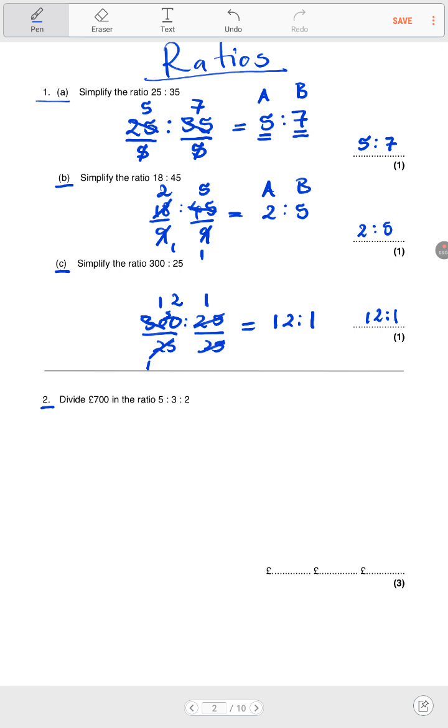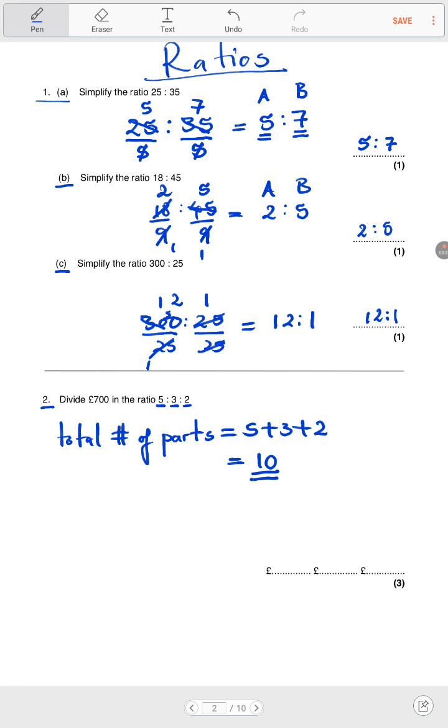In this case, we find what you call the total number of parts, because you are going to divide the 700 pounds into parts, but you want to know how many parts. So you take 5, add it to 3, and add it to 2, and your answer is 10. So it means you're going to divide it into 10 parts.